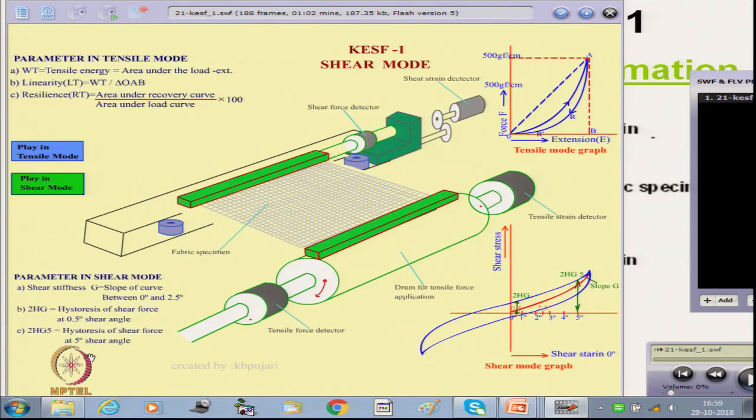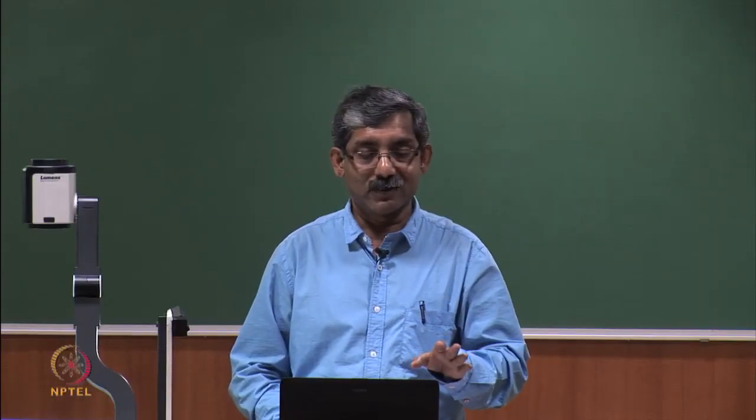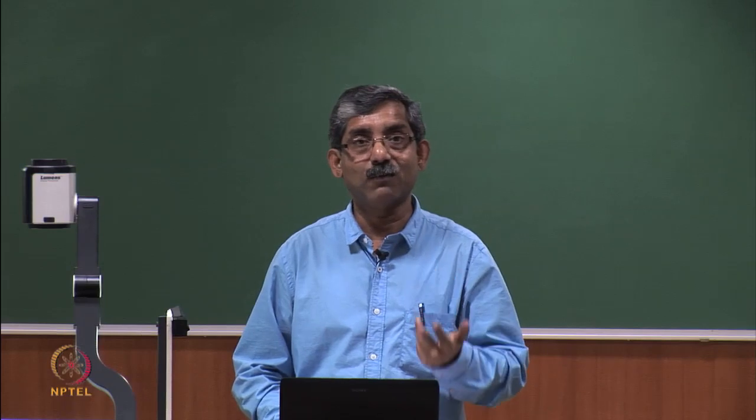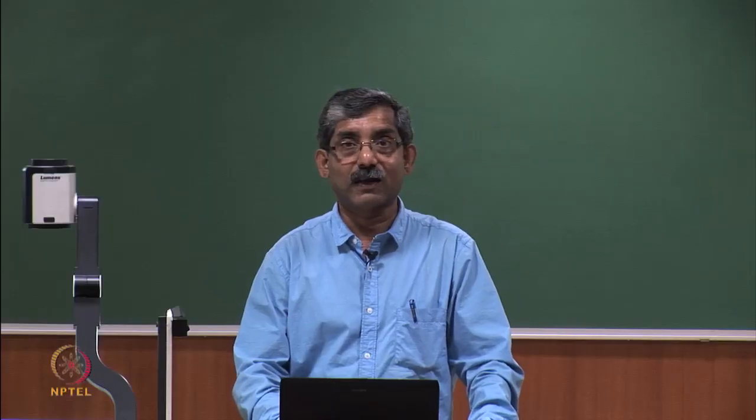So here in shear mode we get 3 parameters. That means in the KES-F1 module we get a total of 6 parameters, 3 parameters for tensile mode and 3 parameters for shear mode. Okay. Now, let us see the test parameters.